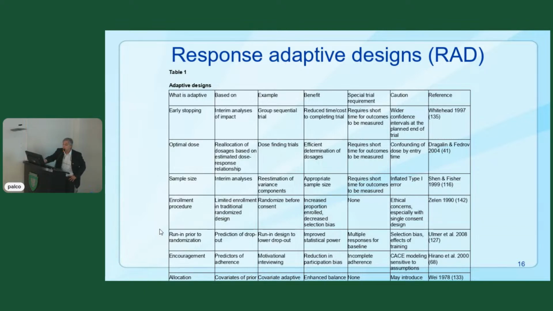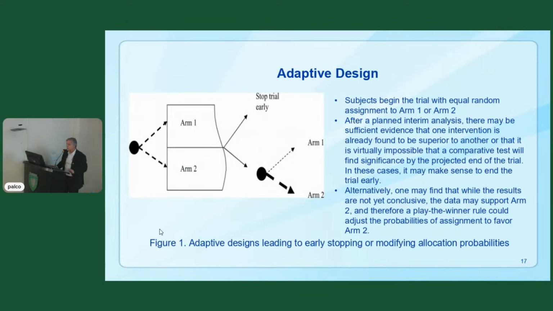When you're trying to do that type of study, dose finding, the benefit is efficient determination of dosage. You require a short time for outcomes to be measured, and there is confounding of dose by entry time, so you need to pay attention to that. You document, you change your design because you reached the goal of optimal dose, but you continue the trial to evaluate the effectiveness and how it's implemented. Okay, so this is just for you to review.